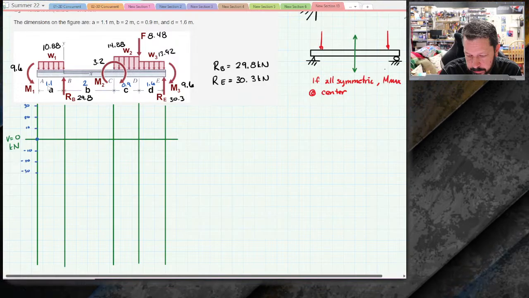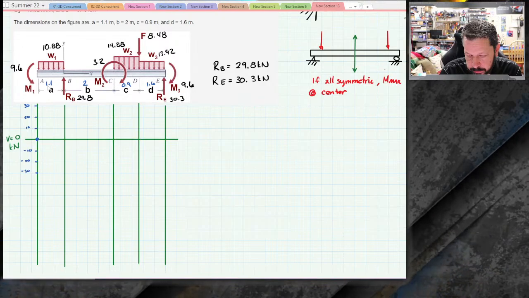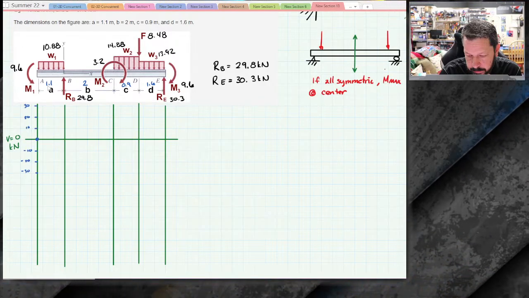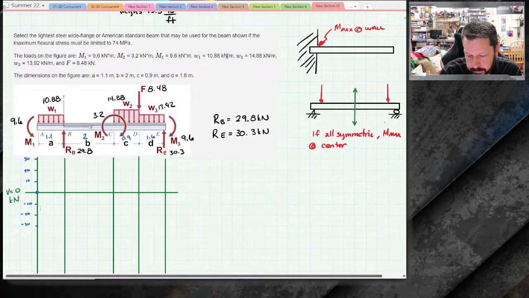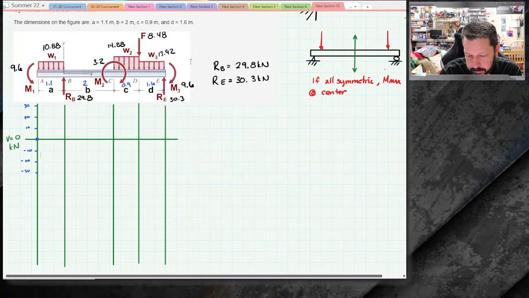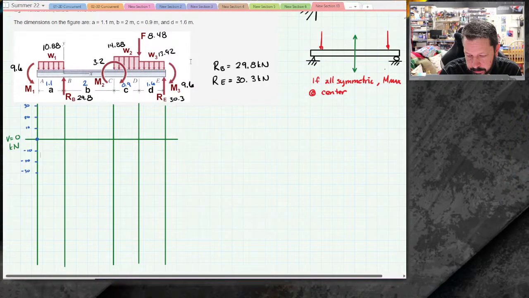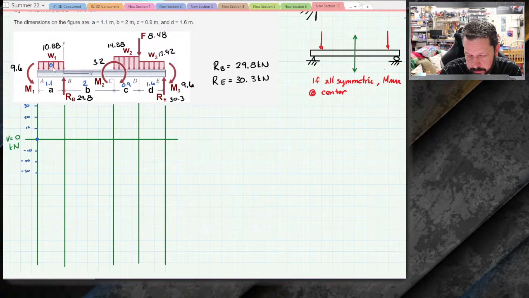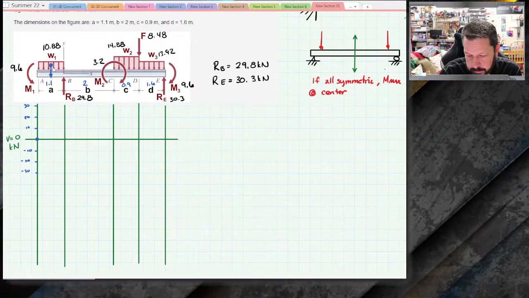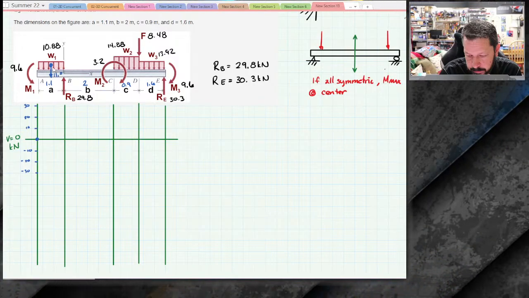And then the first thing that happens is, now I'm missing the fact that I didn't lump these distributed loads together. So let's do that real quick. The units on this 10.88, that is 10.88 kilonewtons per meter. So 10.88 times 1.1, the lumped version of this would be 11.97.